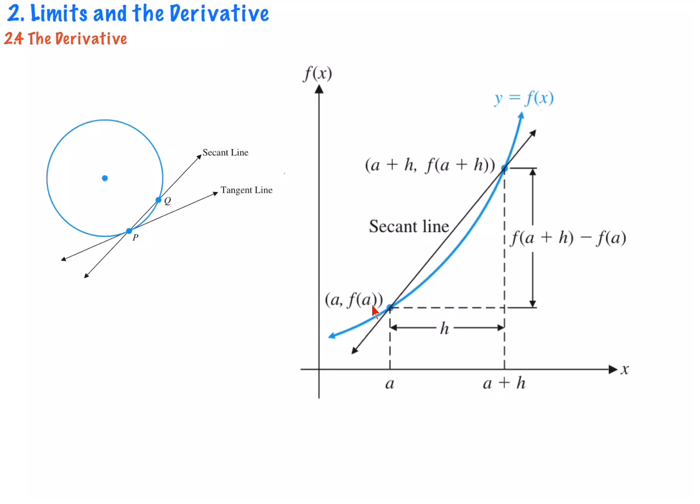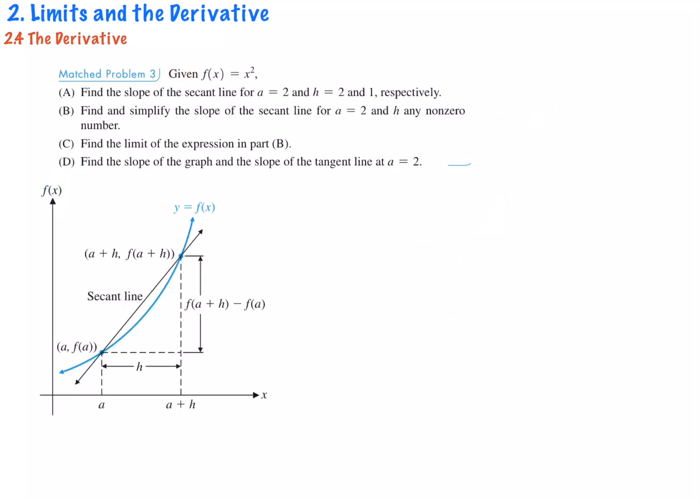If (a, f of a) and (a plus h, f of a plus h) are 2 points on this graph, then we can use the slope formula from section 1.3 to find the slope. So that will be delta y over delta x. Delta y is f of a plus h minus f of a, divided by a plus h minus a, which is equal to h.